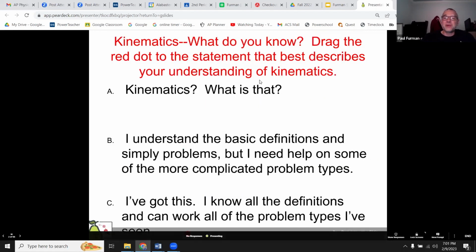The first opportunity for you to provide some input is just to indicate, where are you with kinematics? Have you never heard of it? That would be answer A. You understand the basic definitions, but maybe need a little more help, B, or this is something that you understand completely and you could teach this session yourself, would be the third option.